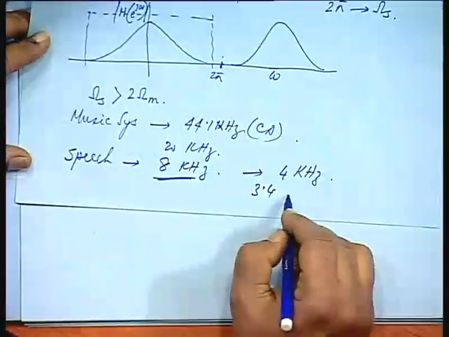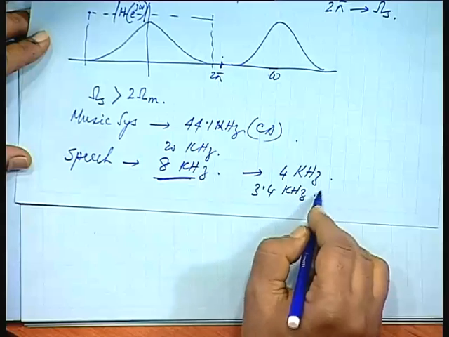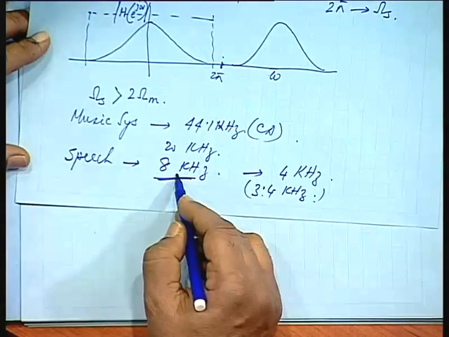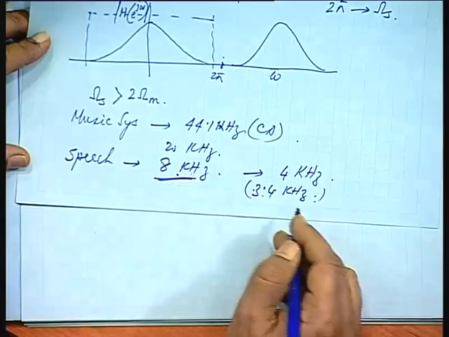Normally the frequency band is approximately up to 3.4 kilohertz that we want to capture. So, it is a little above twice this frequency. So, that is good enough. If you want to identify a person very accurately, then we go a little above this.